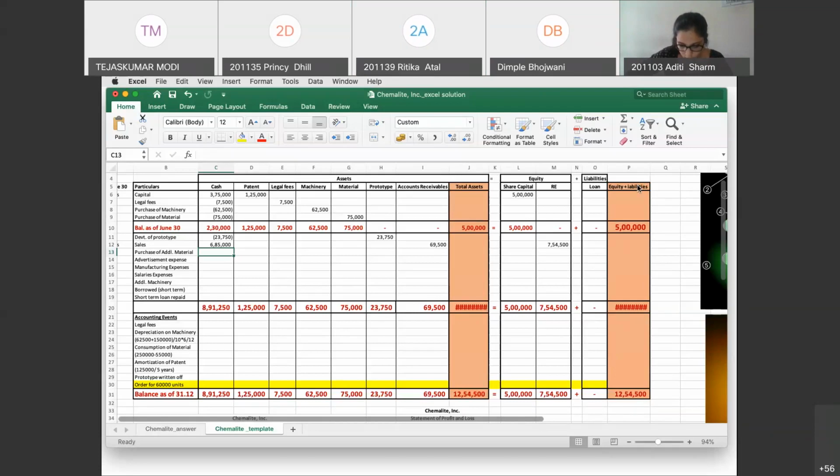So I should increase the material because material is also an asset. It is a current asset we discussed, right? So how much, beta, please? 1,75,000. When you buy a material, you are spending cash, so cash goes down. Very straightforward transaction.